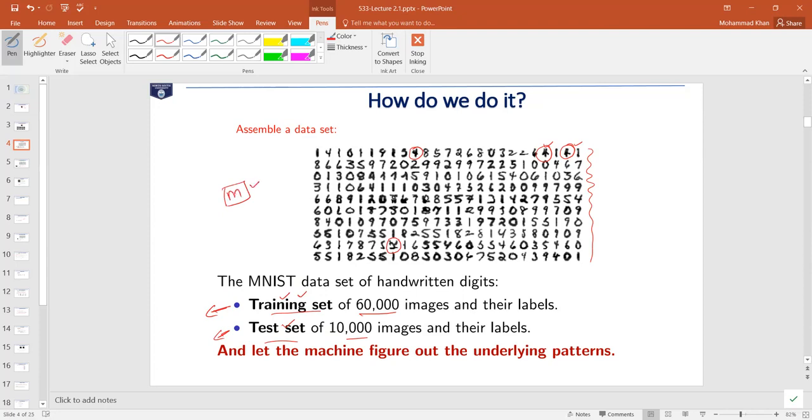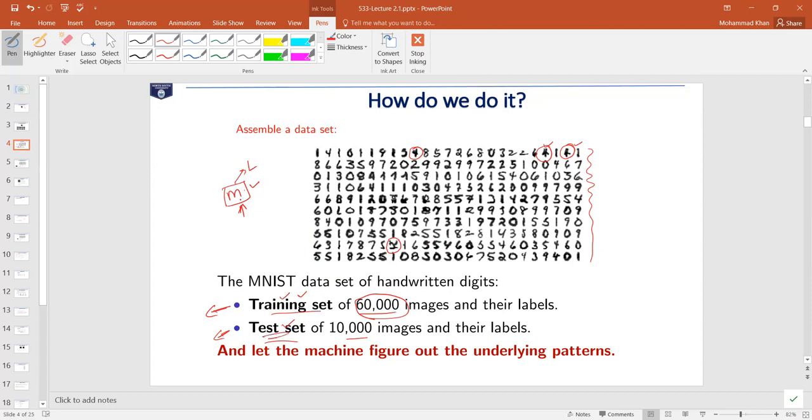A model contains some numbers. It's a statistical algorithm that can capture variability. With these 60,000 images, we give them to the model, and the model captures the variability. And then based on that, it can produce labels.